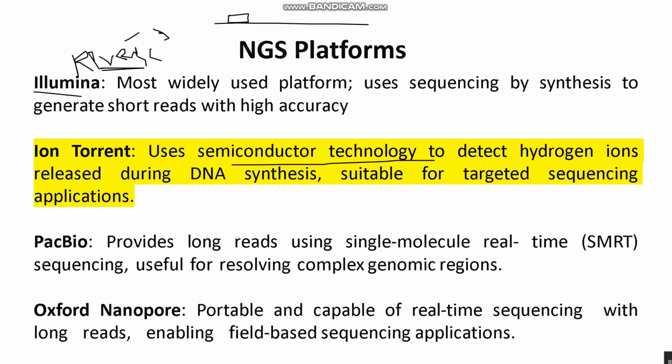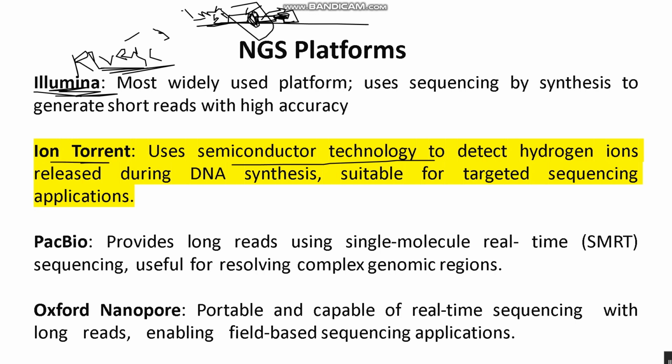When a nucleotide is added, a terminator is added and an image is taken. After taking the image, the terminator is removed and the next nucleotide is added, and again the terminator is added and an image is taken. The steps go in that way.